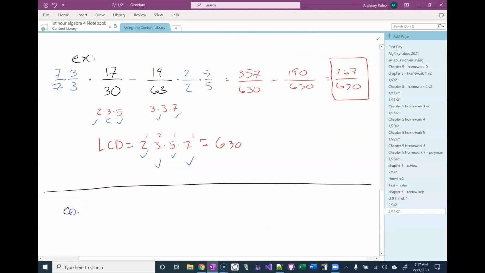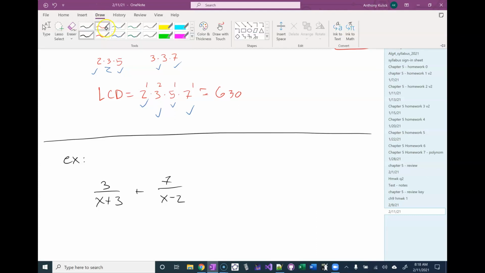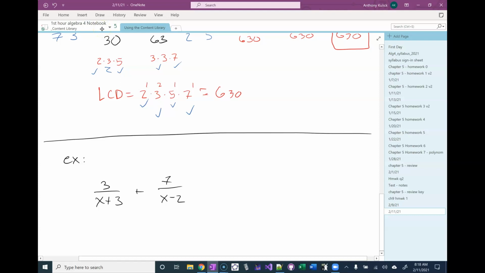So let's look at an example here. Let's say we have 3 over x plus 3 plus 7 over x minus 2. Our first step, just like for the fractions, would be to factor the denominators.